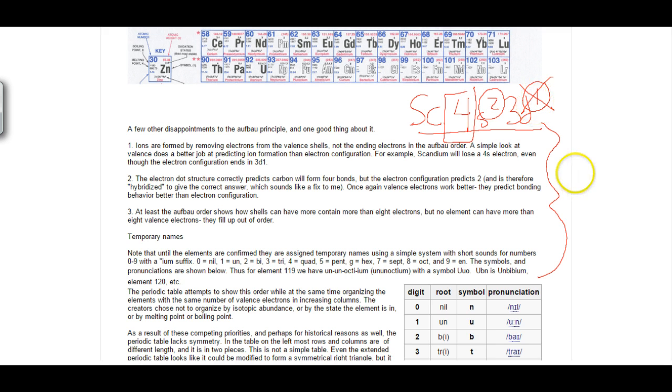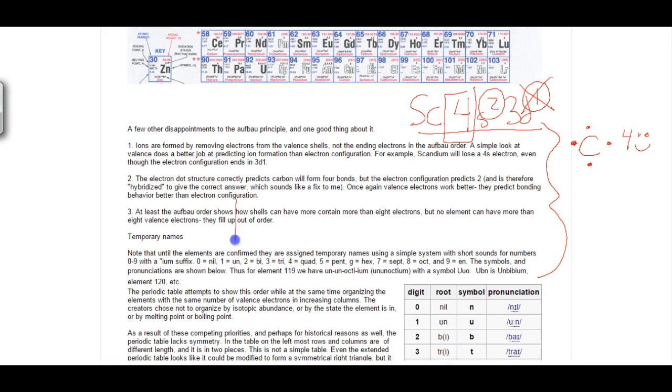You also get somewhat misinformed if you try to figure out how many bonding electrons will form for a simple system. Let's do carbon, for example. 4 valence electrons, spread them out, Hund's rule, 4 bonds. Life is good. That's a smiley face. But if you do out the electron configuration, I'm going to do it nice and big right on top here.